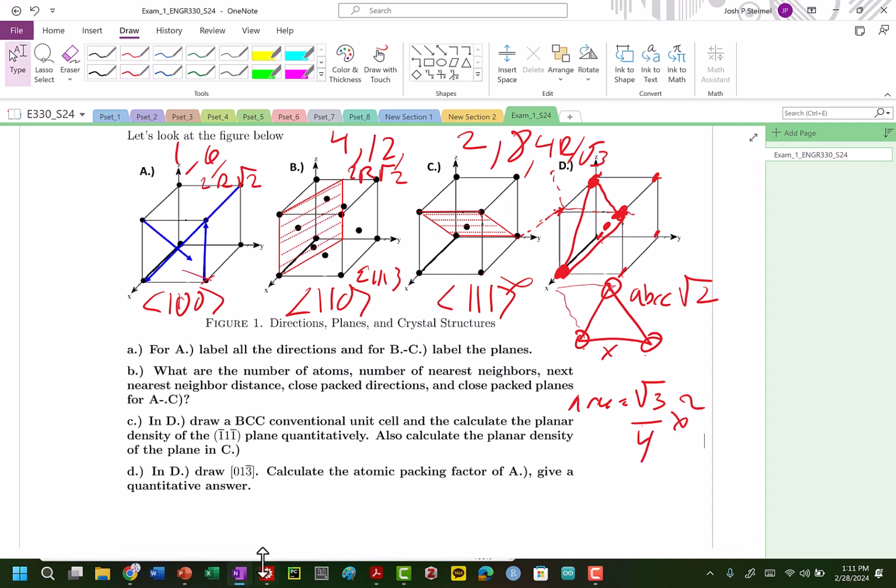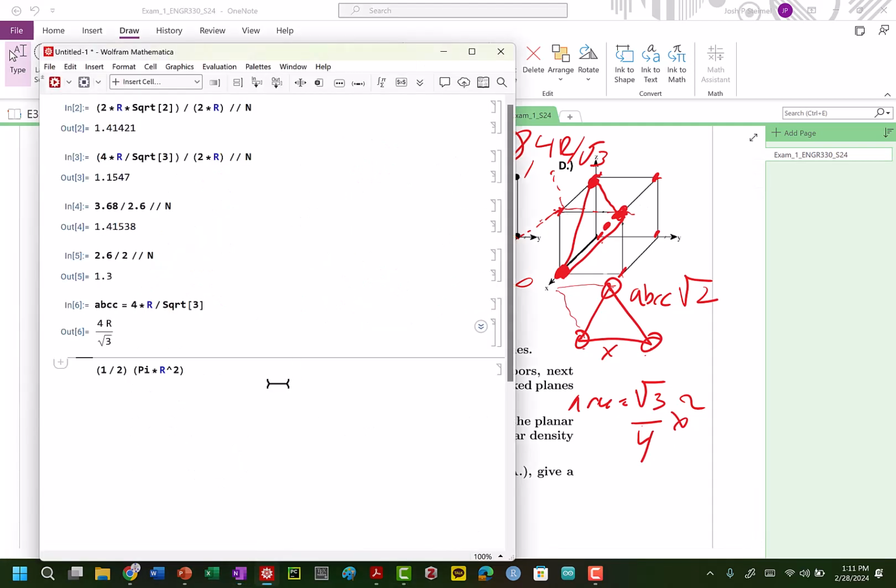So let's go ahead and calculate that. Let's go ahead and plug that in.